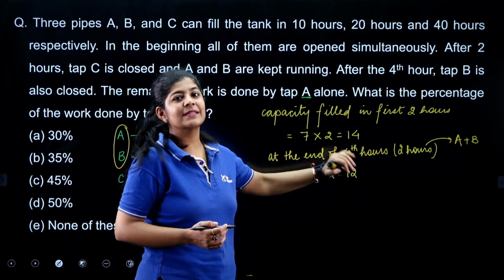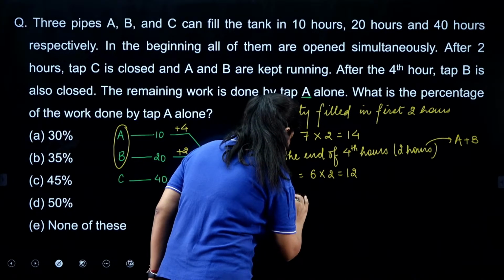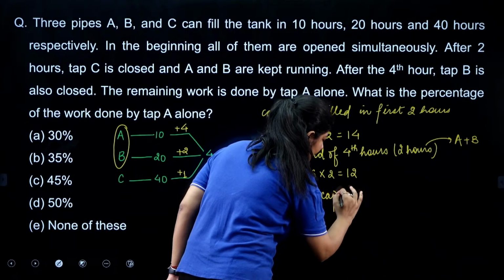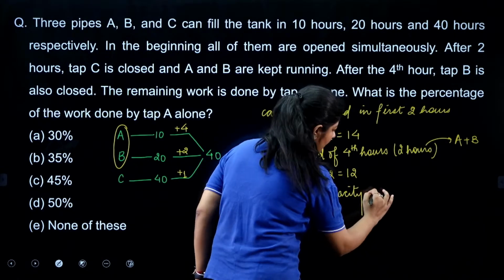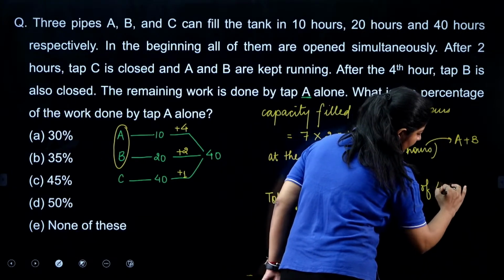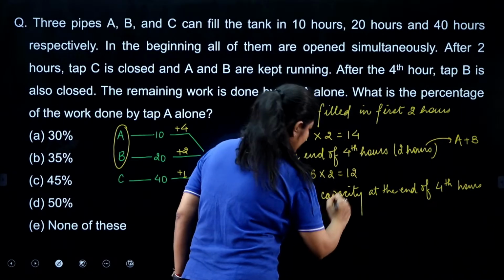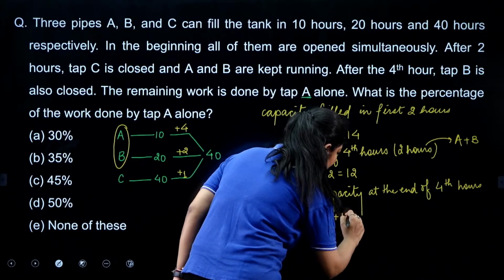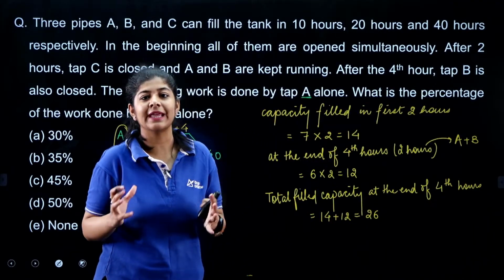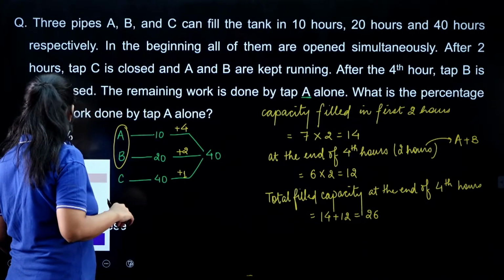So the total filled capacity at the end of the 4th hour is 14 plus 12, which is equal to 26. That means 26 parts of the tank are already filled out of 40, and the remaining is filled by A alone.